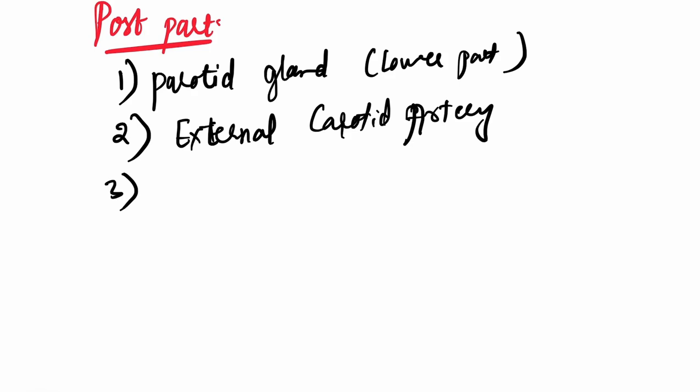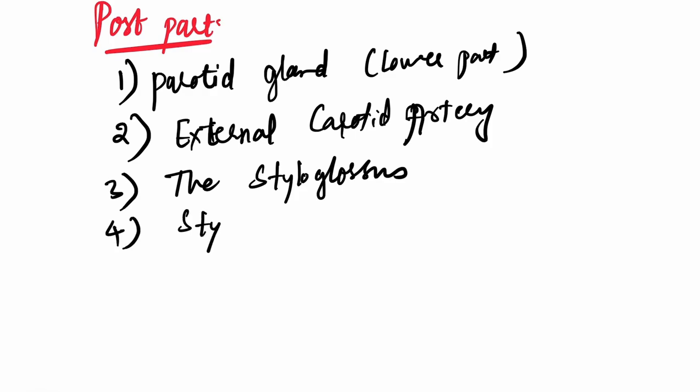Then the deep structures which pass between the external and internal carotid arteries are the muscles like the styloglossus, stylopharyngeus, and the glossopharyngeal nerve.